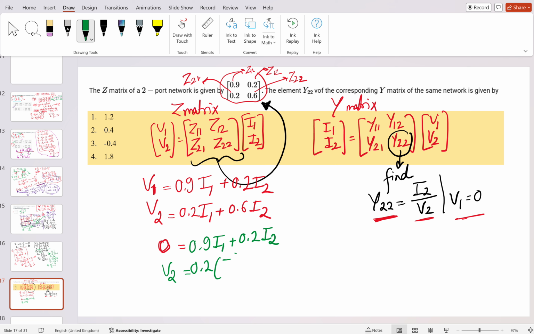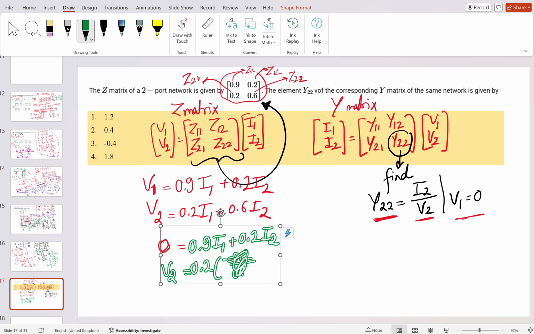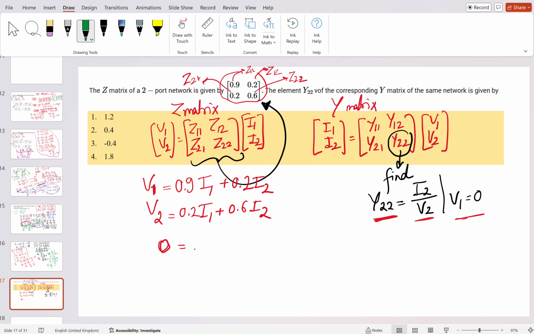I1 is equal to minus 0.2 divided by... oh sorry, here you remove this. Basically, 0 is equal to, with V1 equal to 0, 0.9 times I1 plus 0.2 times I2.